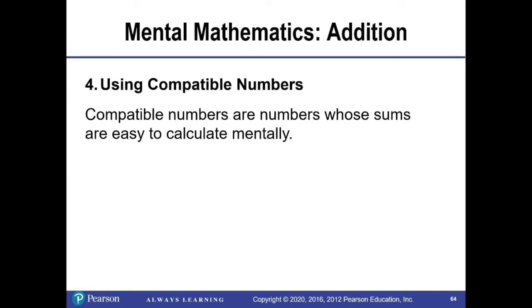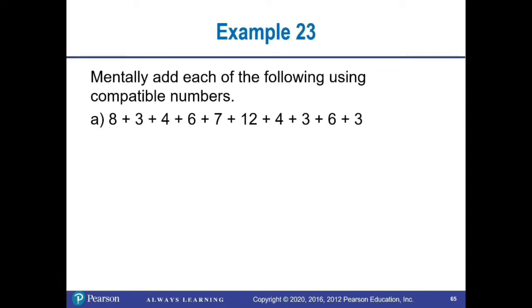Our next strategy for adding mentally is using compatible numbers. So I want to think about numbers whose sums are easy to calculate. Typically, we think about multiples of 10. So here we have a string of numbers. Let's look for some compatible numbers, some multiples of 10.